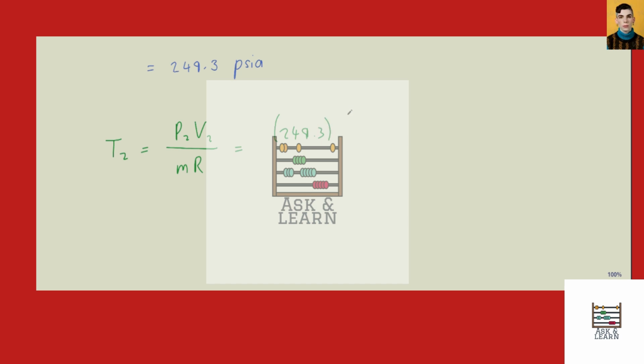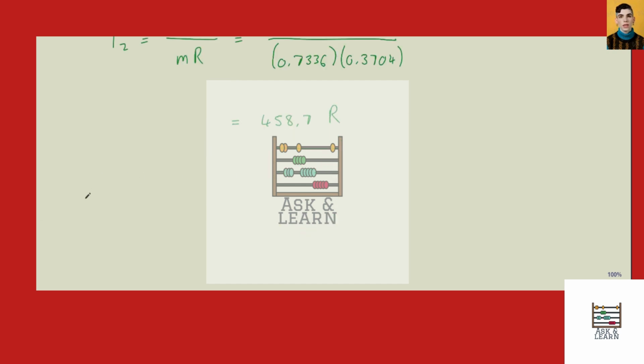Again, we'll suppress the units, but that's psi absolute, times V2, which is 0.5 cubic feet, over the mass of the gas, which is 0.7336 pounds, and R is 0.3704 psi foot cubed per pound mass R. And hence we get the final temperature to be 458.7 R.